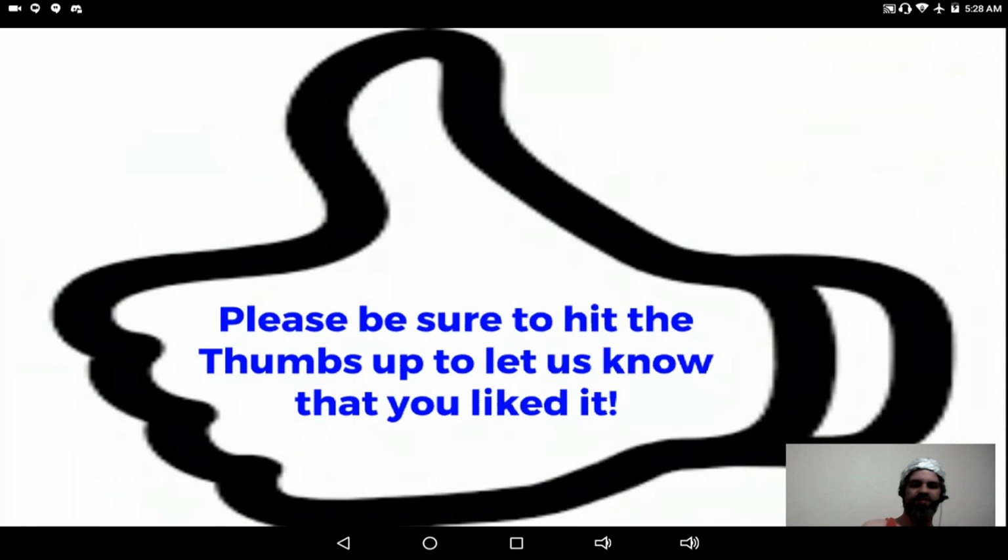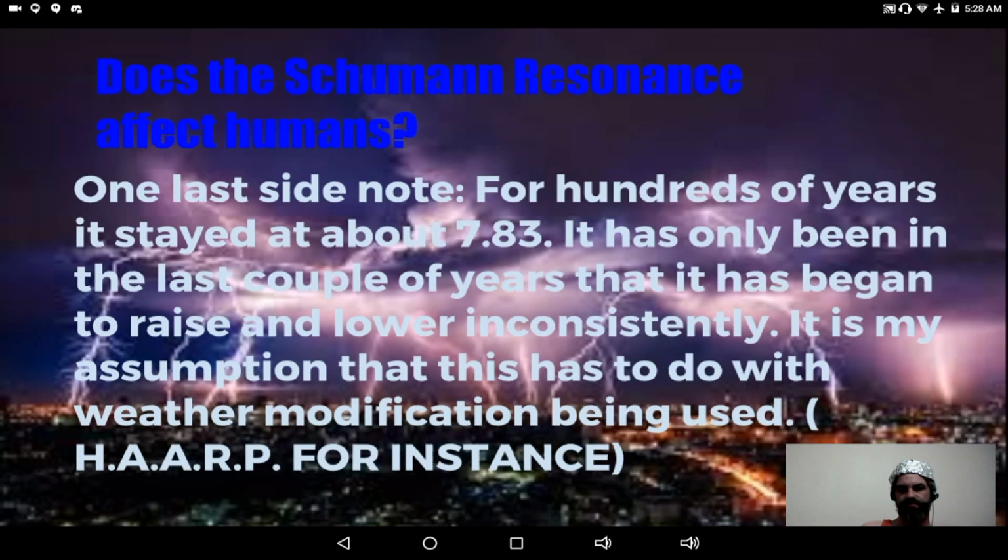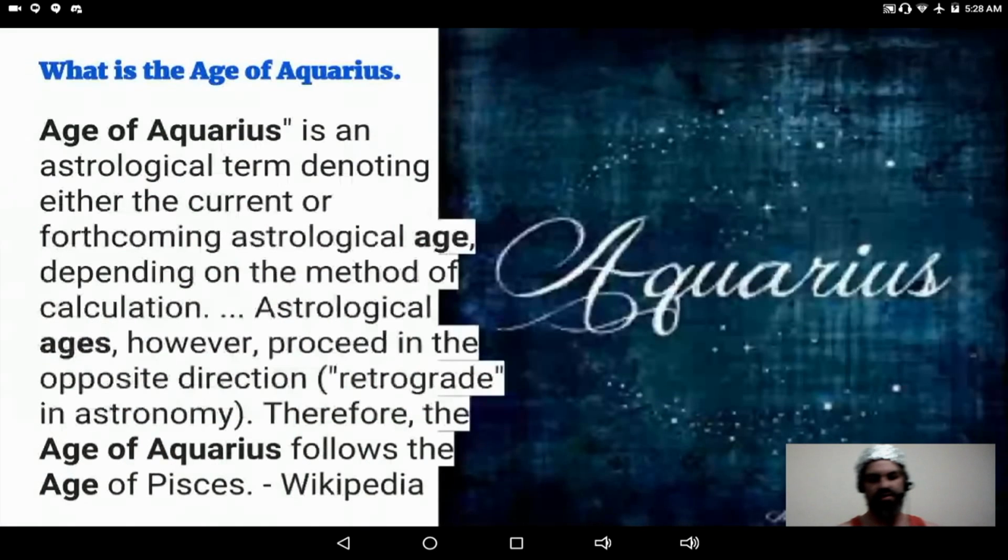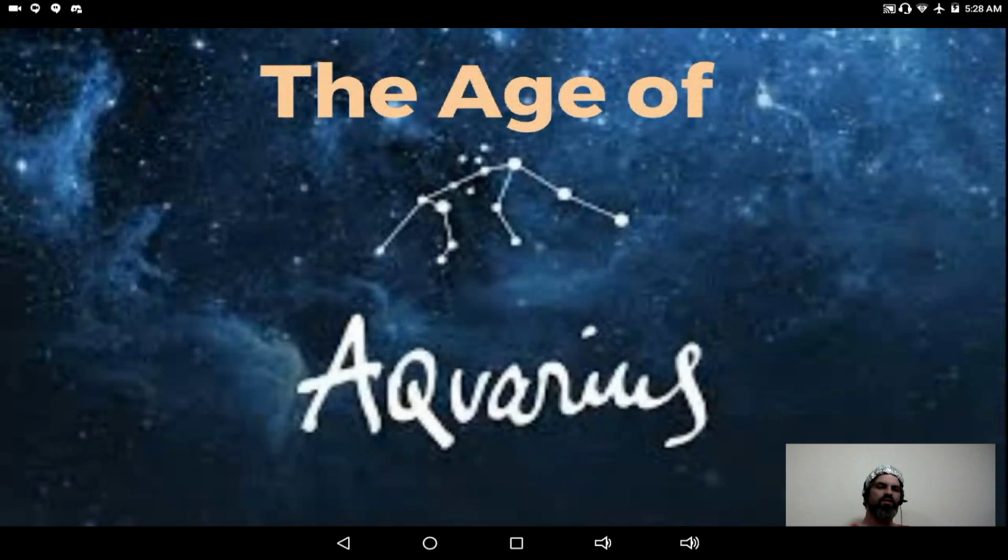Now, on this note, I would like to go back a little bit to the age of Aquarius, because there's one more thing I'd like to say about this. It is my theory, and it is a theory that I am injecting here, that when we move into different areas of stars, we're receiving the vibrations from those stars, both light vibrations and electromagnetic frequency scales all the way across the board.